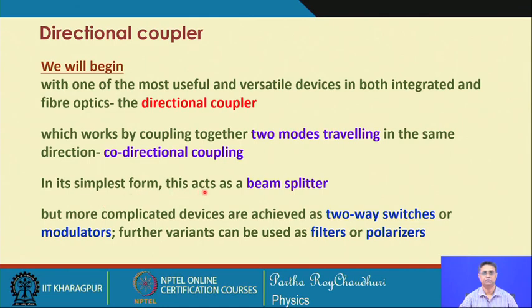And in its simplest form, this acts as a beam splitter, because we will see that the beam which is there in one waveguide can be switched to the other waveguide back and forth, and it can be divided into any desired ratio. But more complicated devices are achieved as two-way switches, modulators, and there are many other applications of these mode coupling devices in terms of the directional couplers, both in integrated optics as well as in fiber optics, filters and polarizers. So, we will see some of the devices, their basic principles and the mechanisms.